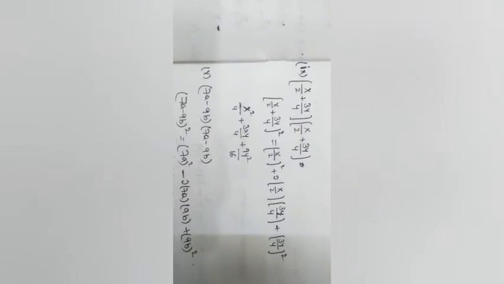So, you know the formula of a minus b into a plus b. What is it? a square minus b square. Okay. The remaining bits are the same as the fifth bit. Just you need to know the algebraic formulas very perfectly, and this exercise is simple and easy.